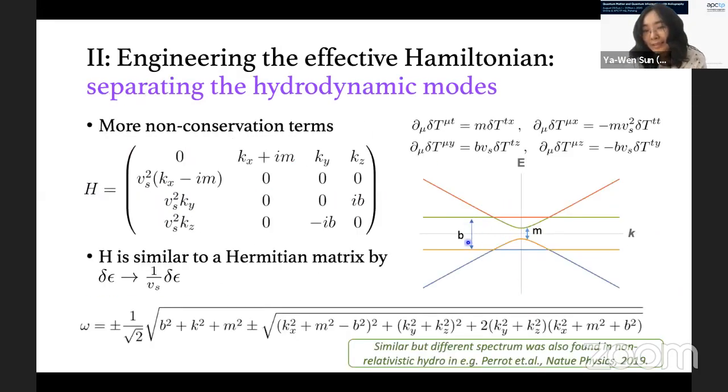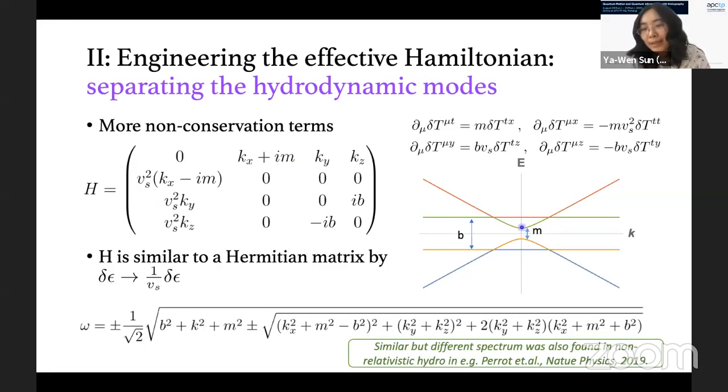And the distance between these two original diffusive modes becomes B. And the distance between the two original sound modes is now M. So we can see that when B is larger than M, there will be 4 crossings. And when B is smaller than M, the system would be fully gapped. There will be no gapless crossings. So this is the main message that we have.